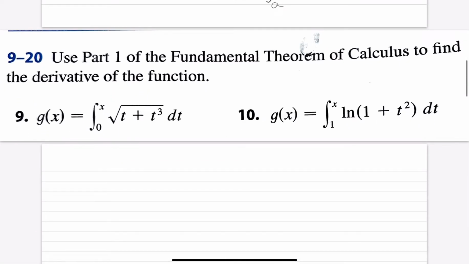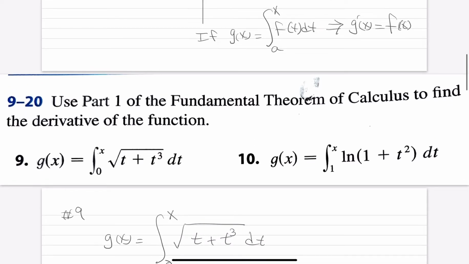Okay, let me do number 9. For number 9, I have g of x, which is equal to the integral from 0 to x of square root of t plus t cubed dt. Okay, let me compare it with what I got. So that's g of x.